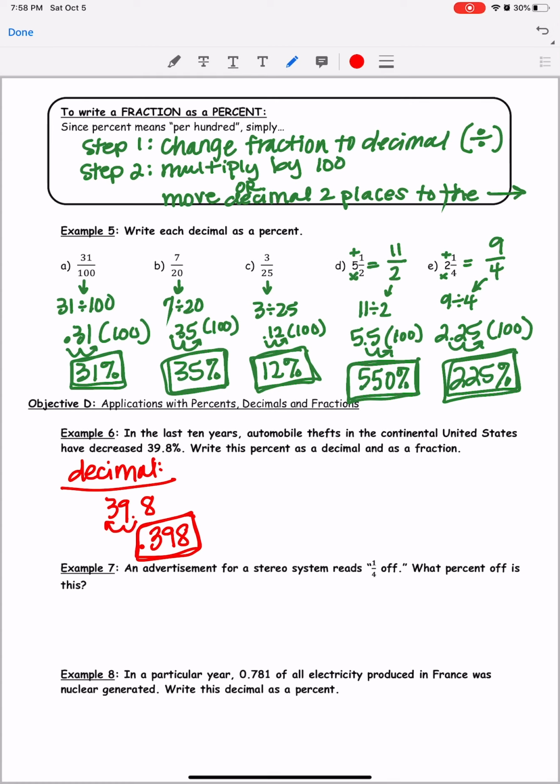Okay, that's my decimal. And then as a fraction, we need to put this right here over 100. We don't like a decimal within a fraction. So for this problem, I've got to move this decimal 1 place over to make that a whole number. So that means we got to move this one 1 place over too, and we're going to add in that 0.